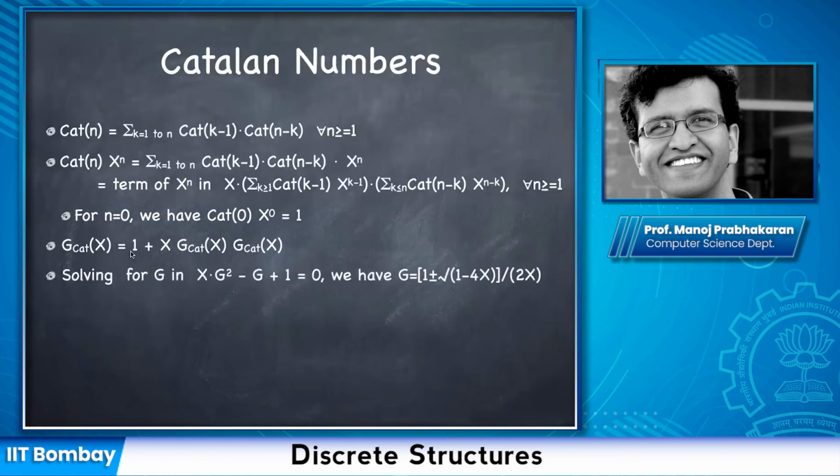Writing that as g, the quadratic equation says g equals 1 plus x times g squared, or x times g squared minus g plus 1 equals 0. If you solve for g, you get two possible solutions: 1 plus or minus the square root of 1 minus 4x, divided by 2x. Okay, there's some sort of rational expression. But there are two of them. Which one should we take?